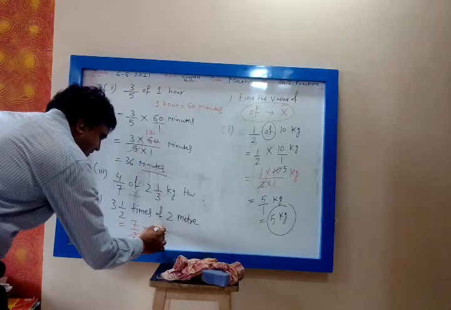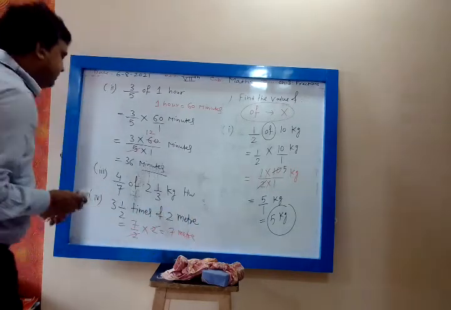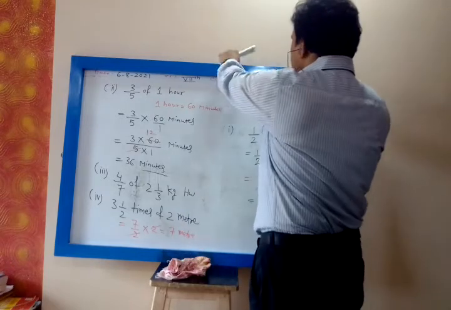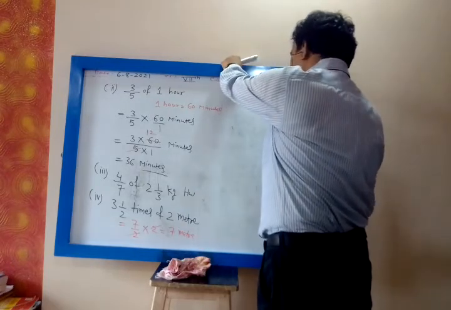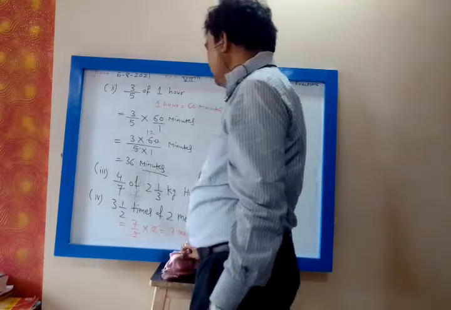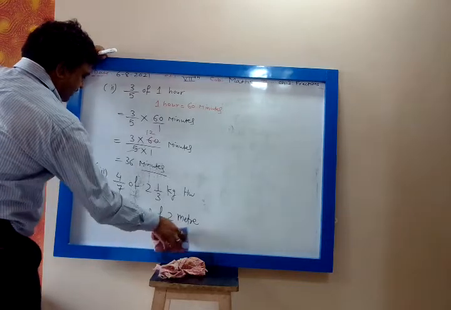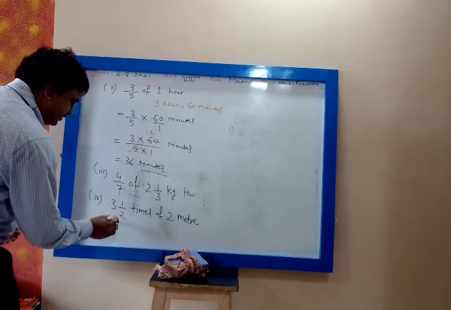The 2 gets cancelled, that is 7 meter. The answer is 7 meter. Okay? So 3 and 1 by 2. So homework this part, the detailed solution.